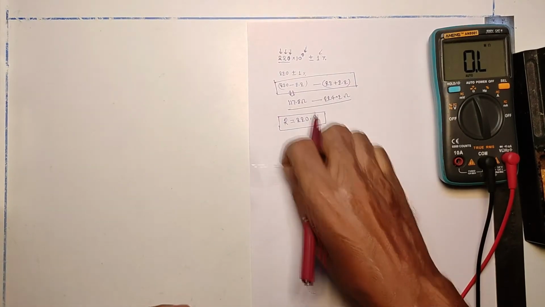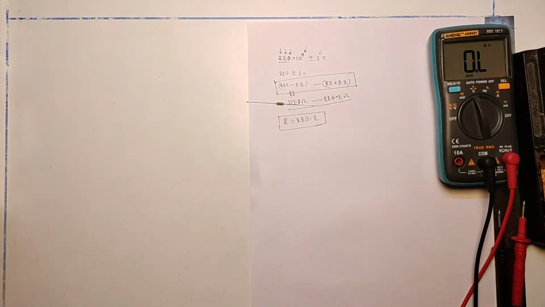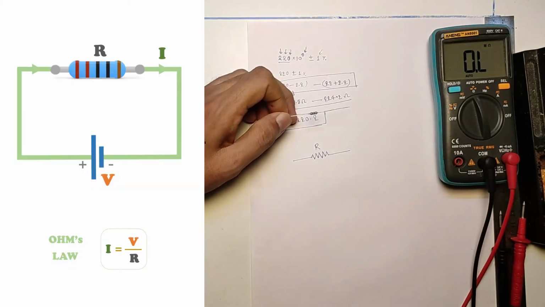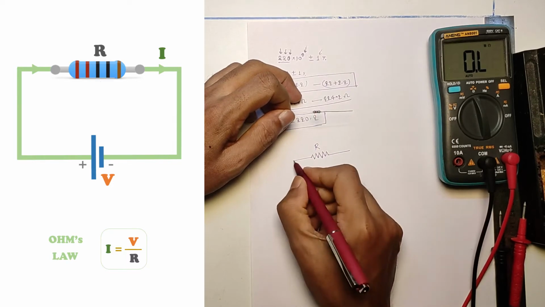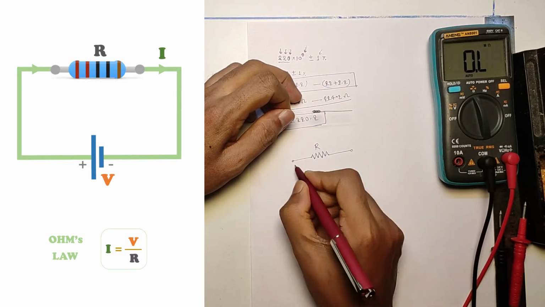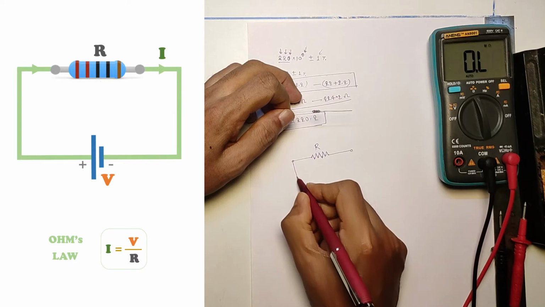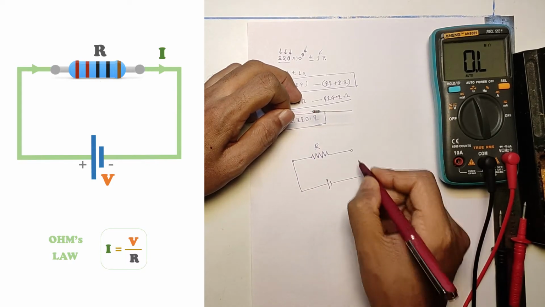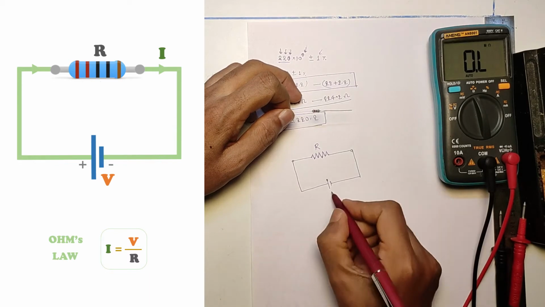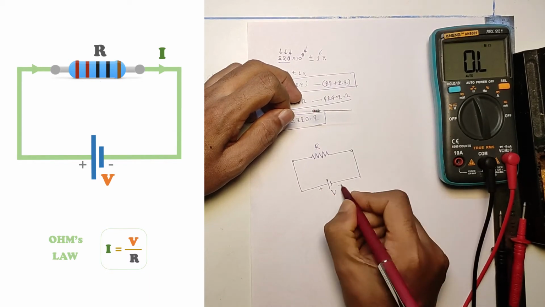Now we'll go to the second part. What is Ohm's law? Ohm's law states that for a given resistance of R, if a voltage of V is applied, how will you apply the voltage? For applying a voltage you need a battery. So we got a battery here. We connect here, voltage V, positive, negative.